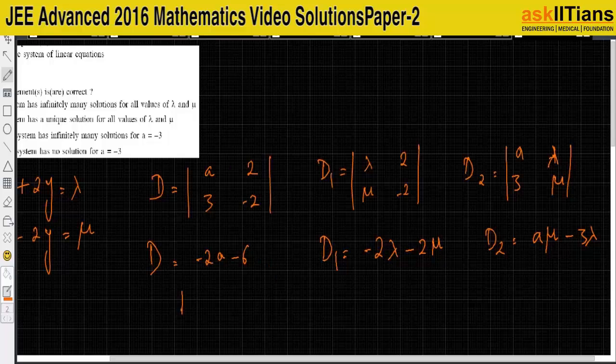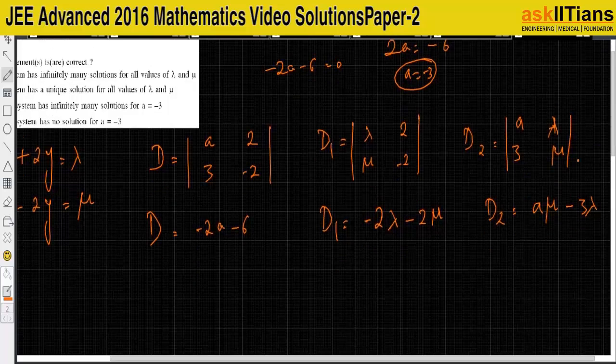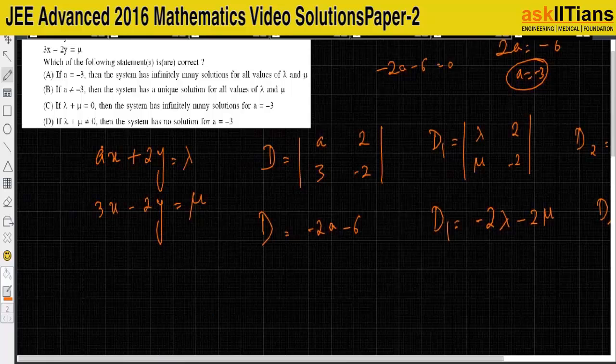So D will be equal to 0 when minus 2A minus 6 equal to 0. So 2A equal to minus 6, so A equal to minus 3. If A is minus 3, then D will be 0. Let's check the first option.